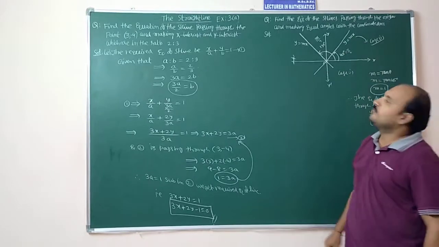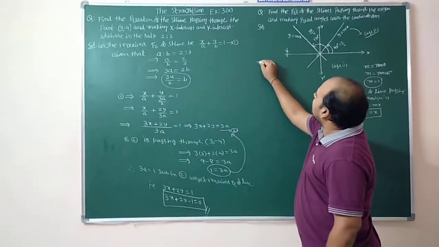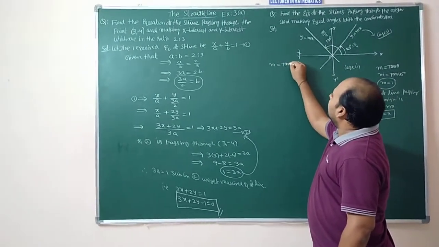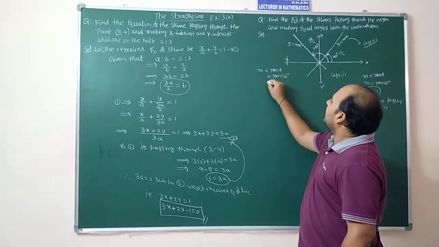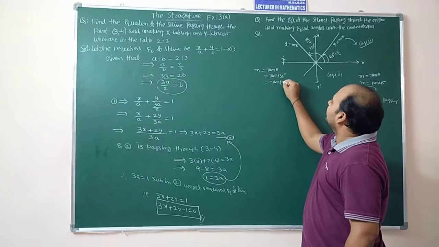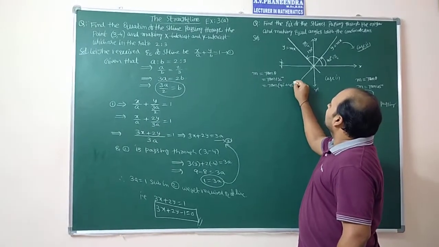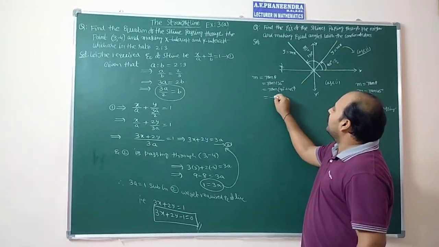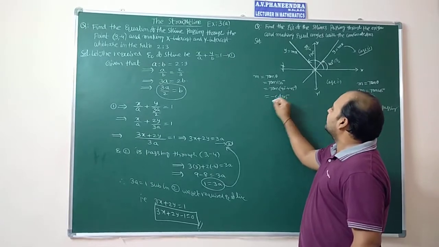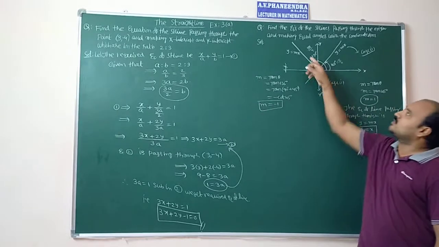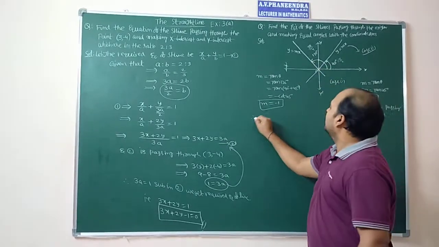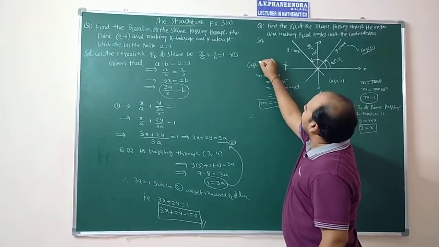You remember that? So in this case, m = tan theta, which is equal to tan 135, tan of (90 + 45) = -cot 45. Cot 45 value is 1, so minus 1. m = -1. Substitute m = -1 in this equation. This is the second case, case 2.